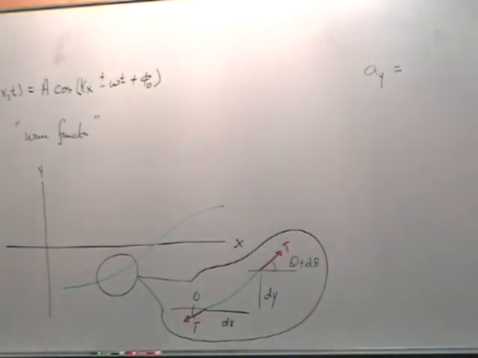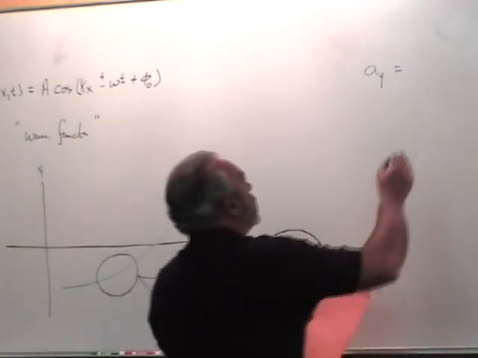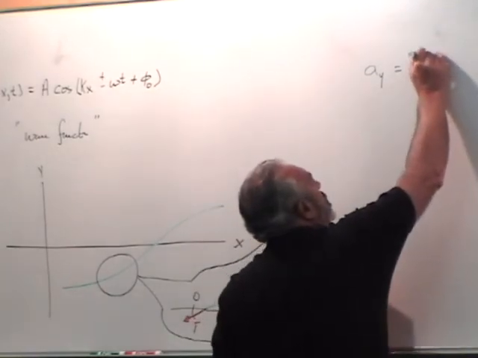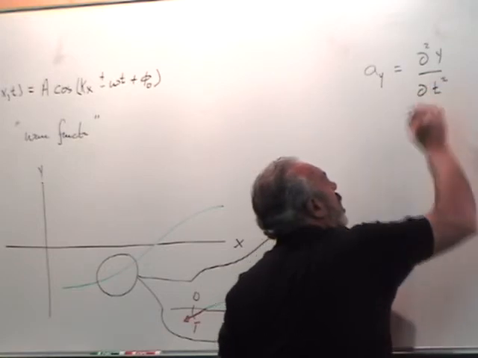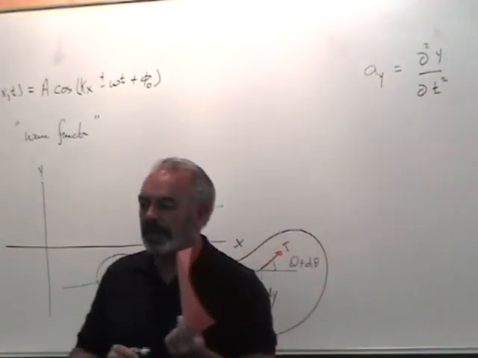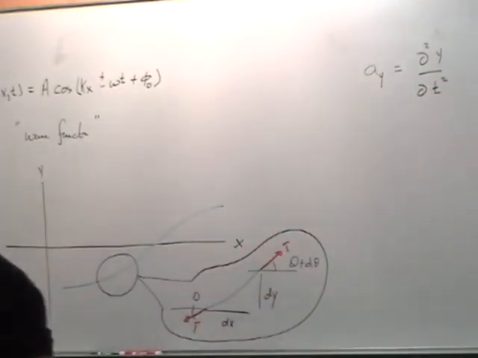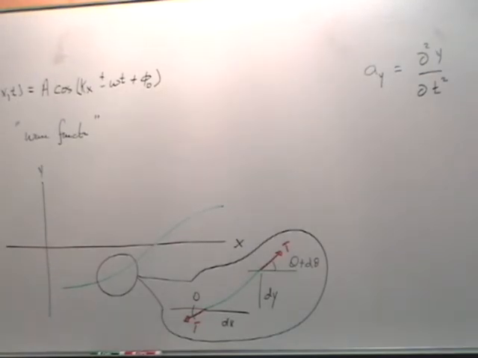Well, a in the y is easy to describe, and notice this, I'm sure you've seen this before, d squared y dt squared. The second time derivative of the position equation gives you acceleration. What's the funny d? Partial, yes. And what does it mean when you say partial derivative? Hold everything else constant, right?